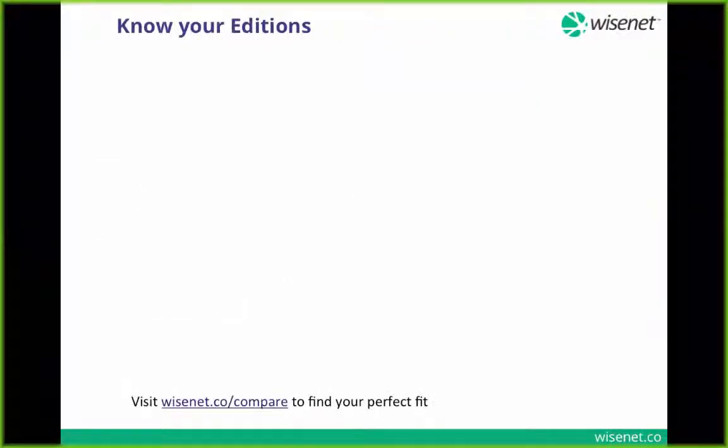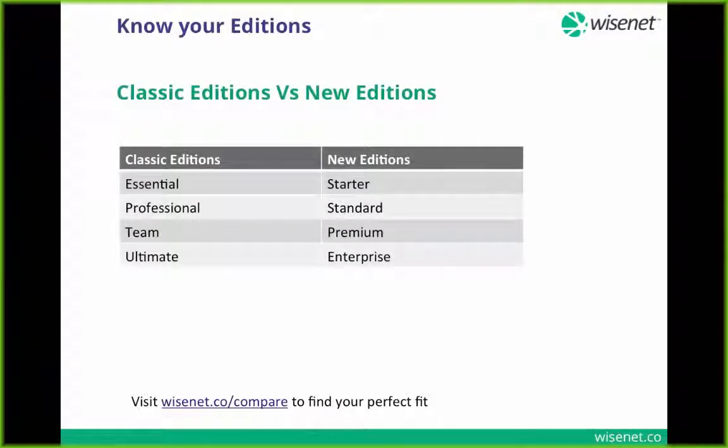Okay, so now going ahead and looking at the differences in the classic and the new edition. As I mentioned before, some of you are still on the classic edition. If you look at your invoices or the subscription proposal, you will see that you're either on the Essential, Professional, Team, or the Ultimate edition.